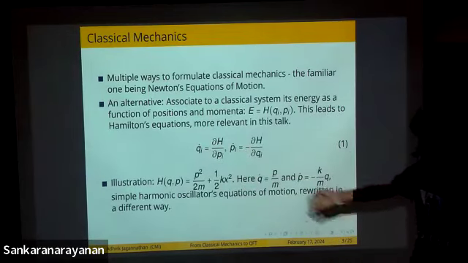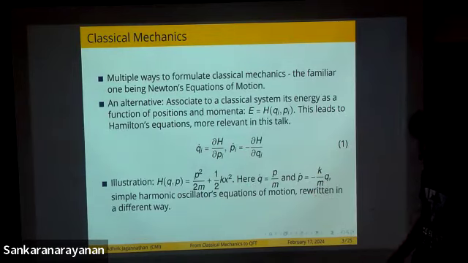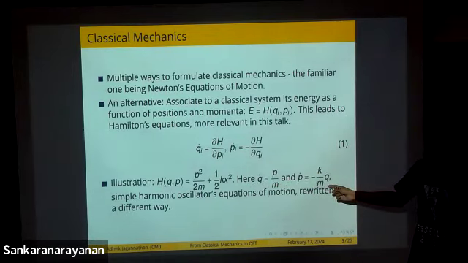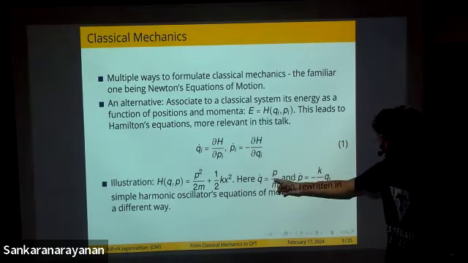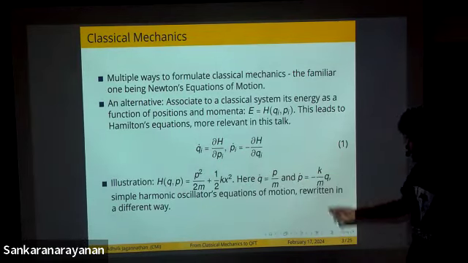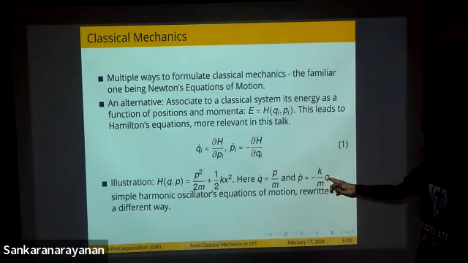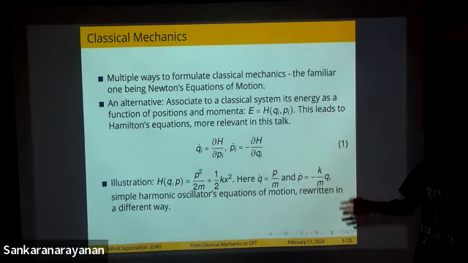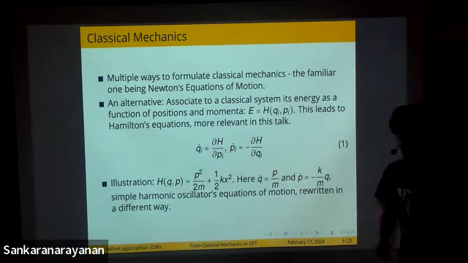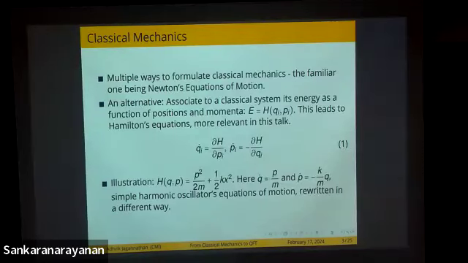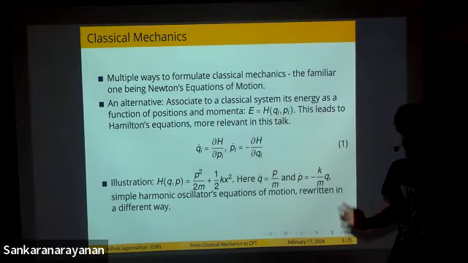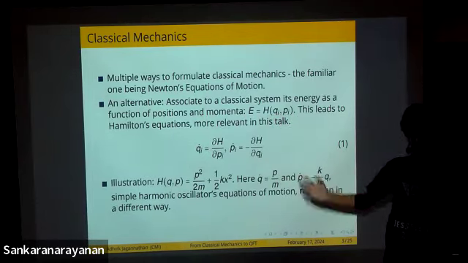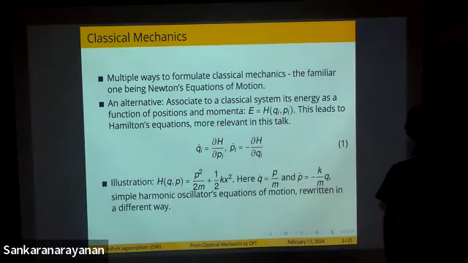A simple example, again looking at the harmonic oscillator itself, you can see that these are equivalent equations of motion because this is just the definition of momentum, p equals mv, and p dot is minus k by m q, which is minus omega squared q, the force due to a harmonic oscillator potential, right? This function H of qi, pi is called the Hamiltonian, and these are called Hamilton's equations since they're derived from the Hamiltonian.